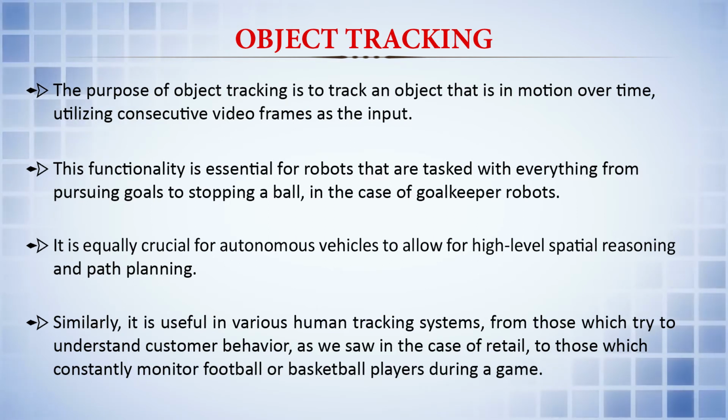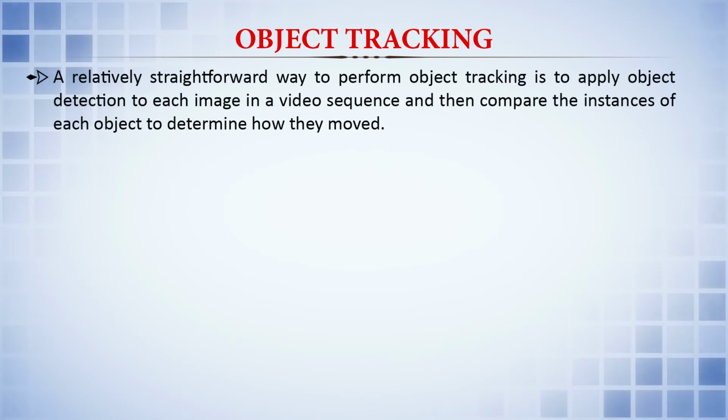Suppose you are targeting a player, that player can be continuously tracked during his play. The movement, everything can be captured and studied at later stages also. A relatively straightforward way to perform object tracking is to apply object detection to each image in a video sequence and then compare the instances of each object to determine how they are moving.